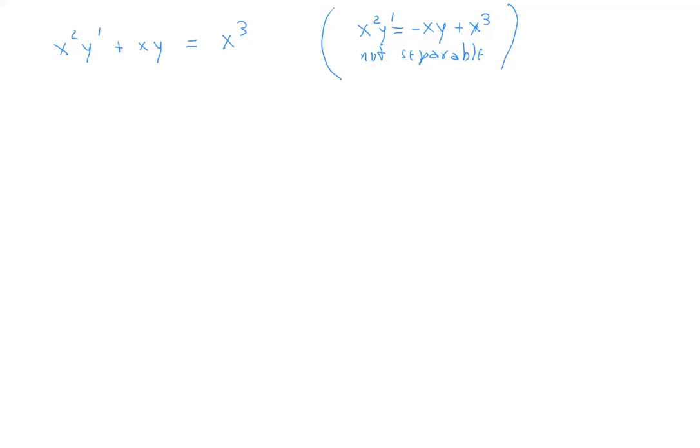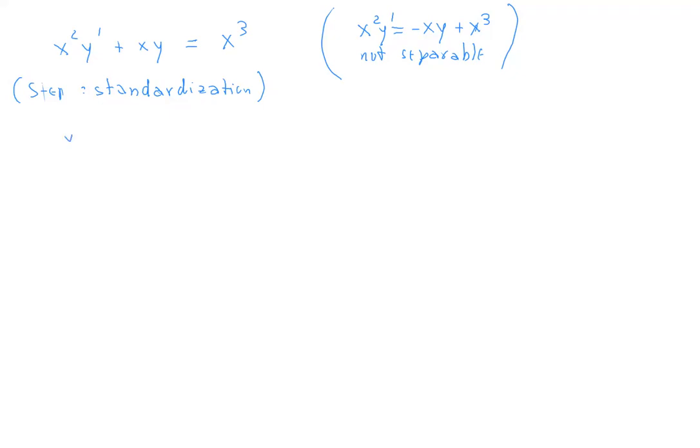So step one is standardization. What do we mean by standardization? We divide so that the quantity in front of y prime is equal to 1. So we divide by x squared.